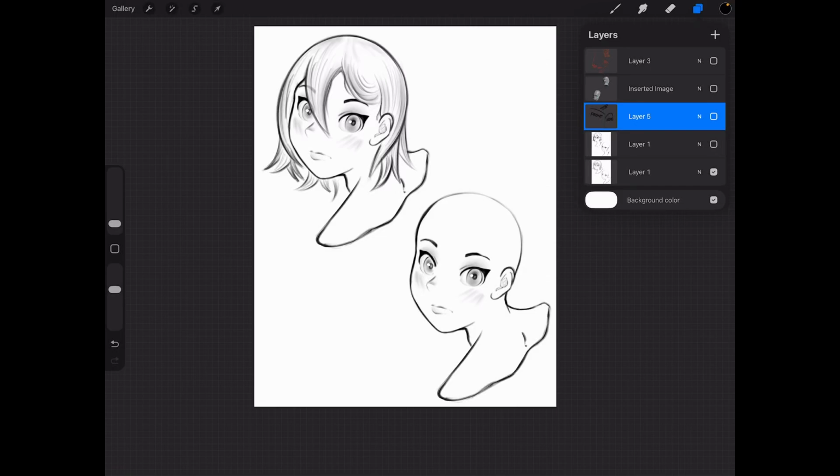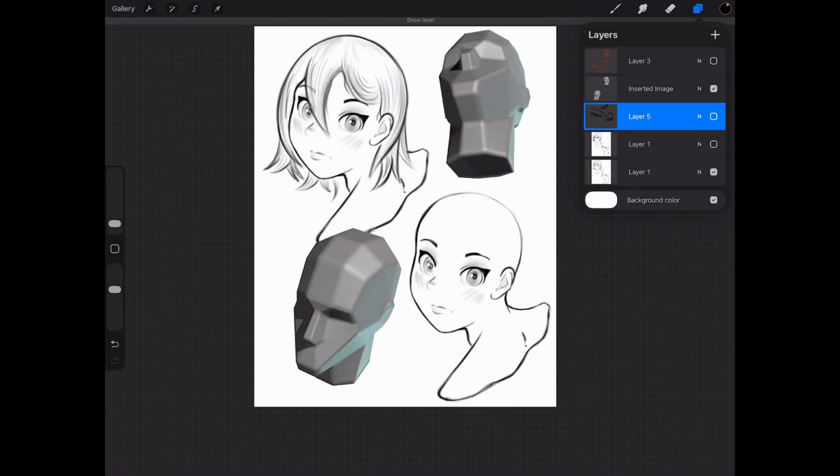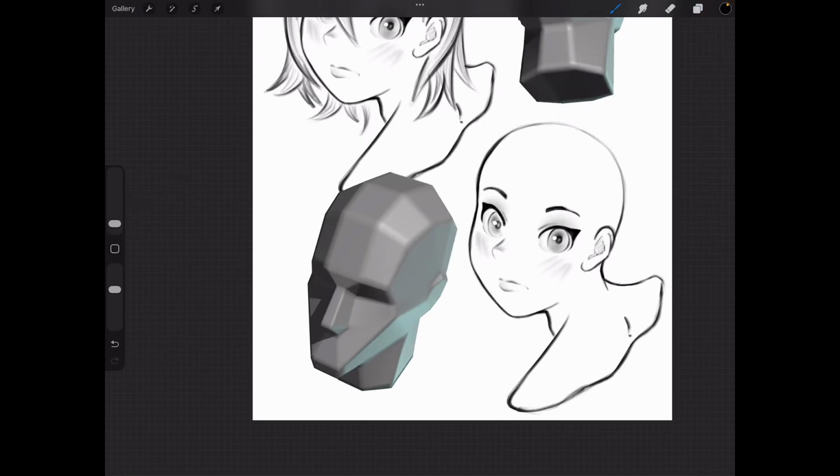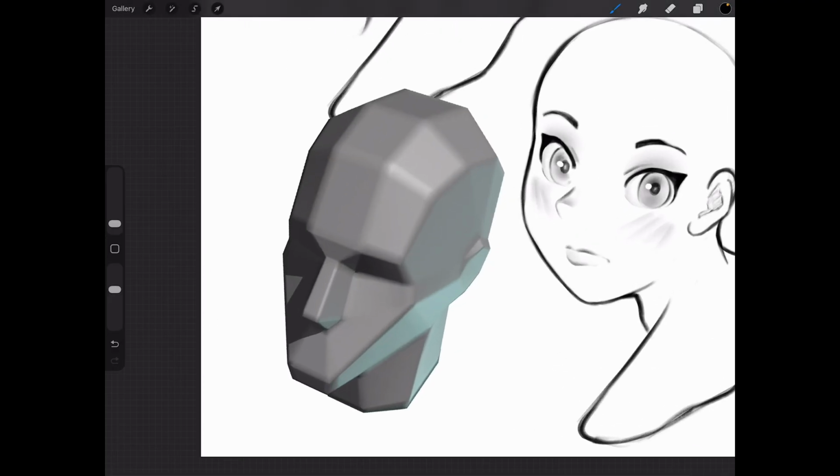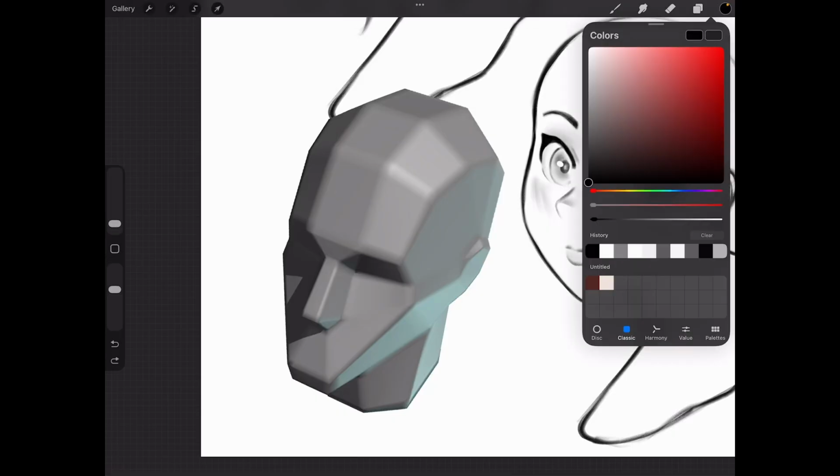What I mean by this, and let me bring this layer here with these 3D models, is that in 2D space, if the tilt is towards the bottom, what I mean is that the head is tilting down, that bridge is going to be very long. Okay, let me pick something more contrasty.